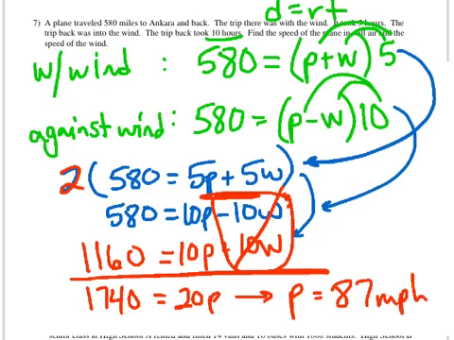Okay, and then if we want to find the amount of wind, then we're going to go back into our equation up here, and we're going to put in 87. Okay, let me get rid of some of this.